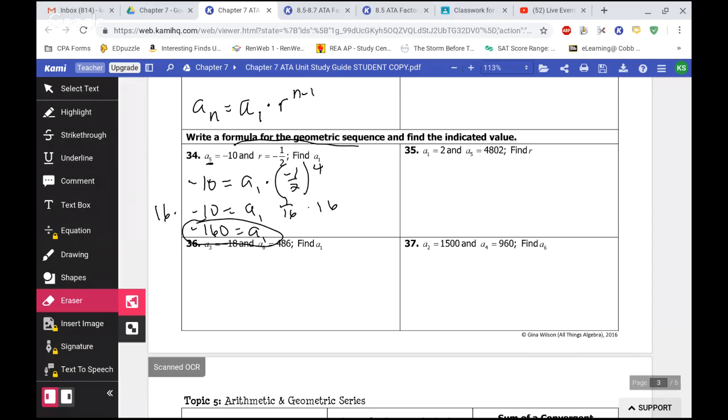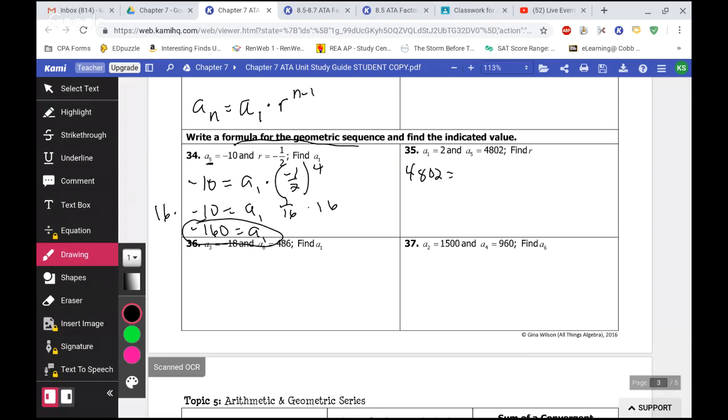So number 35, and I went ahead and erased 35 so I could at least be prepping so we could get ready for that one. So once again, just want to fill in what we know. Take the formula, fill in what you know. What we know is the value of the 5th term. And the other thing that we also know is the 1st term. What we don't know is the common ratio. So we've got R raised to n minus 1, which is 5 minus 1.